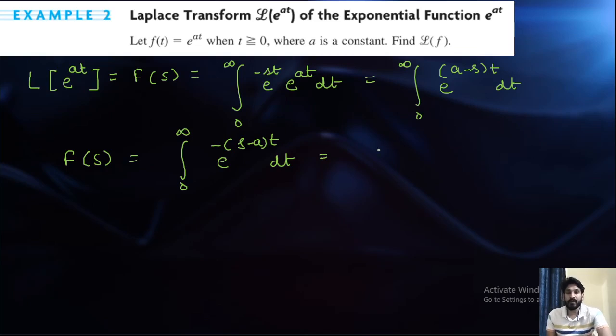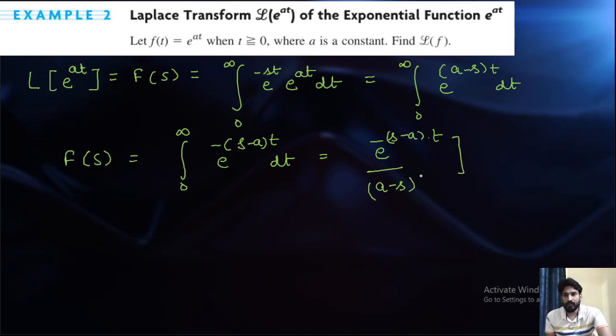So it is e raised to power minus s minus a into t divided by a minus s. Is it clear?